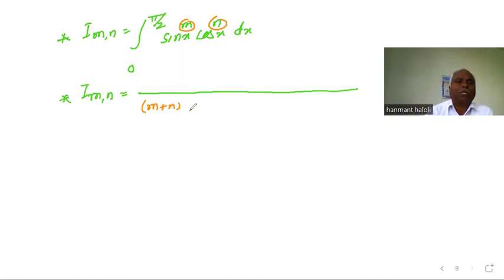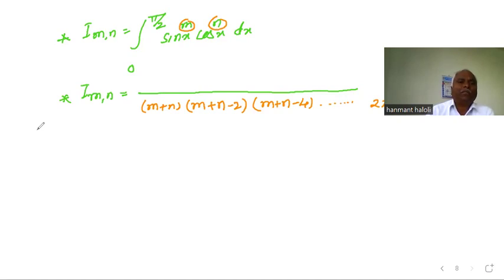Go on subtracting 2 at a time: m plus n, 1 for m and 1 for n, that is minus 2. Next bracket, m plus n minus 4, and so on, up to the last 2 or 1.